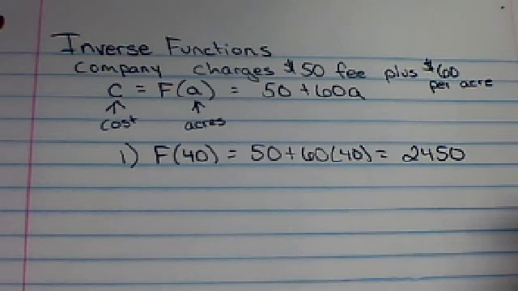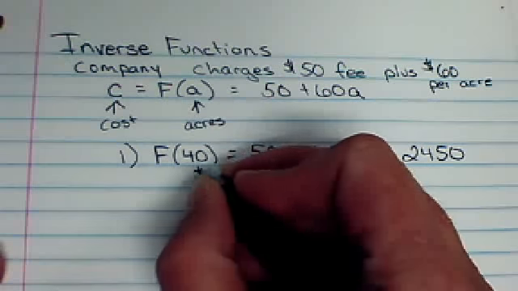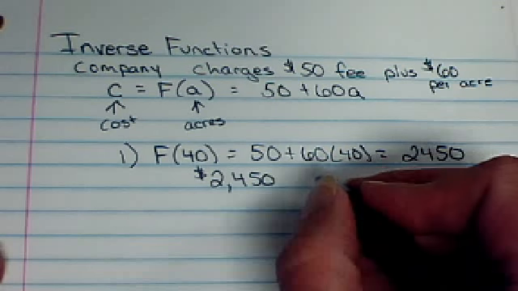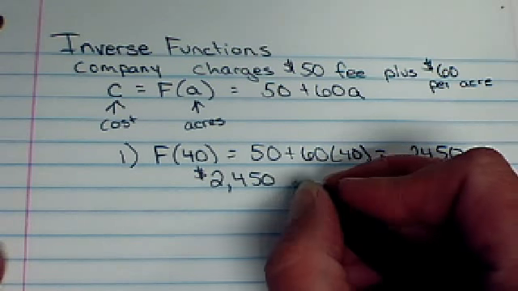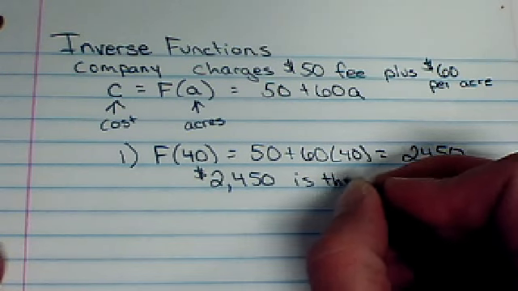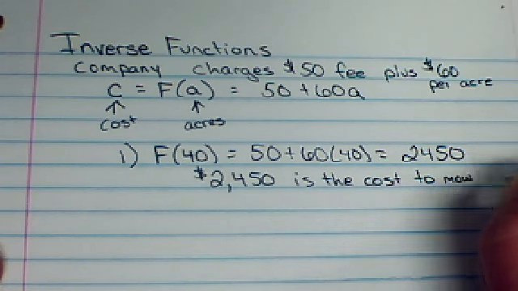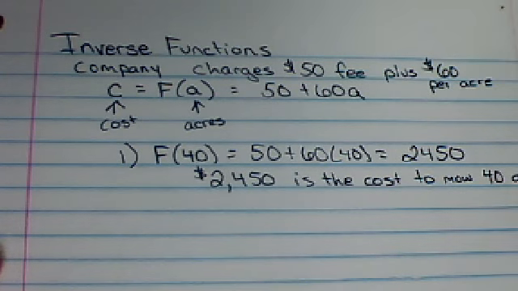What does that mean in the situation? Well, that means it costs $2,450 to mow 40 acres. Remember, the acres is what was the input.